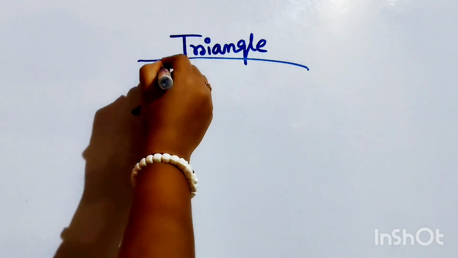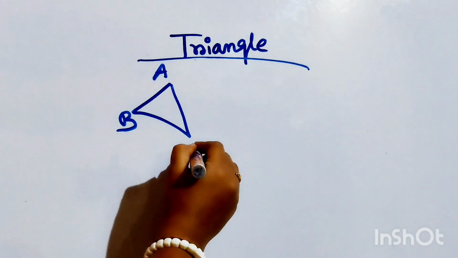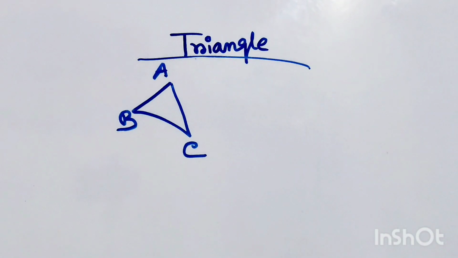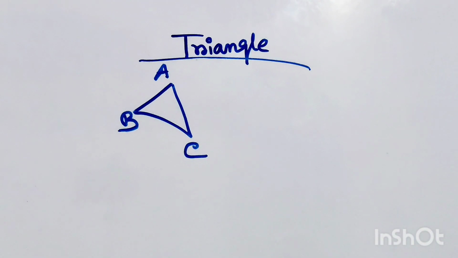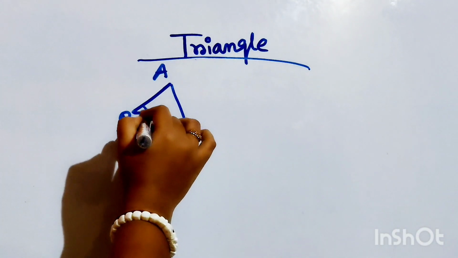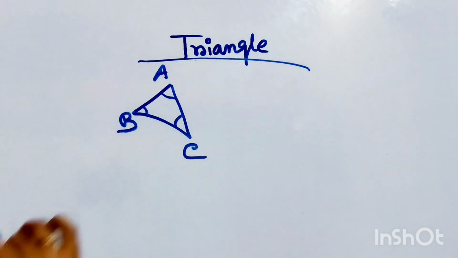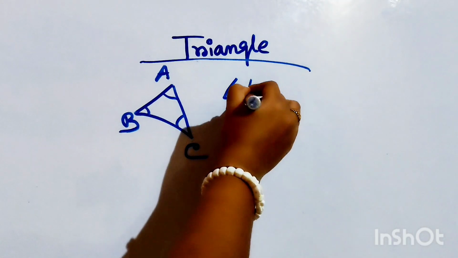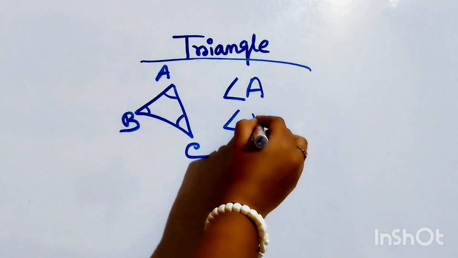Clear? Next I'm going to the angle part. I already told you that there are three angles. So how can you denote the angles in the triangle? Because angles play a very important role in the triangle chapter.